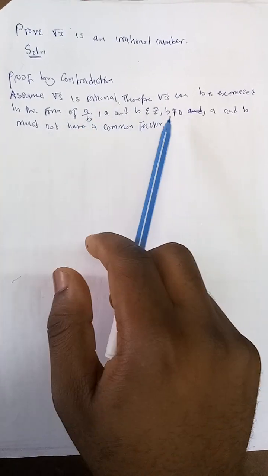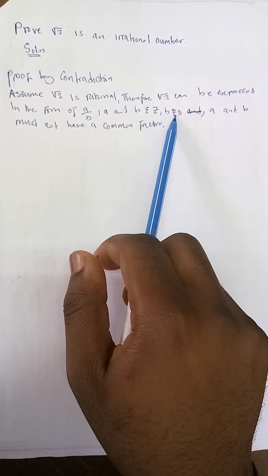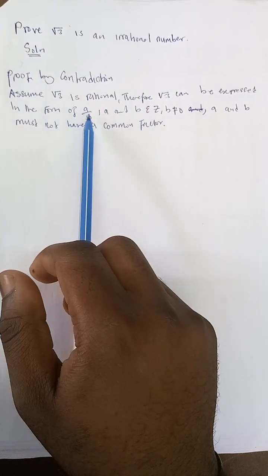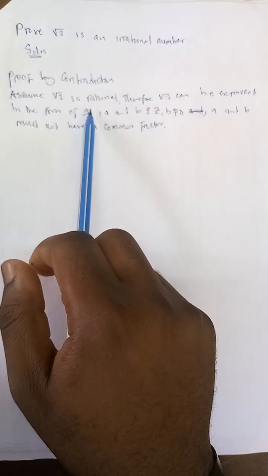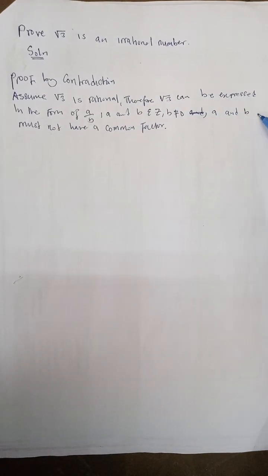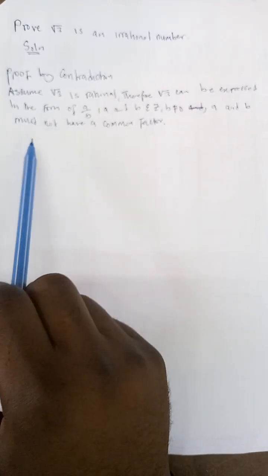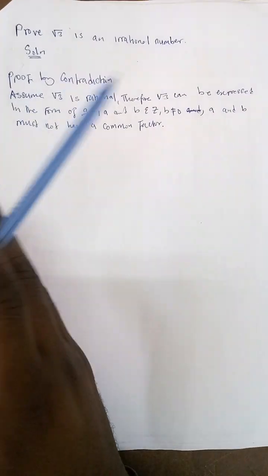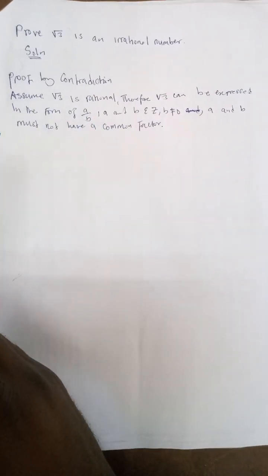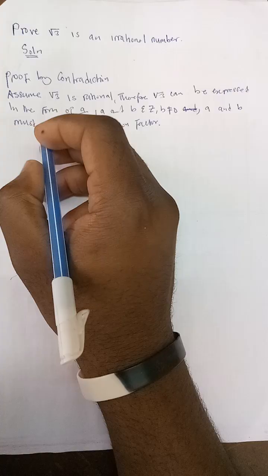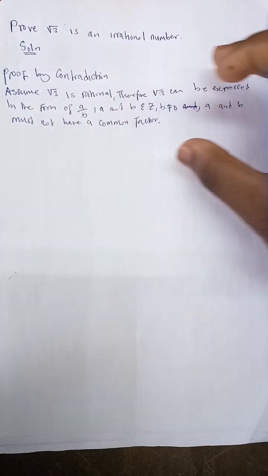Then b must not be equal to 0, because if it is 0, we will not be able to express the rational number in this form since it will be undefined. Then a and b must not have a common factor, in other words, they are co-prime.